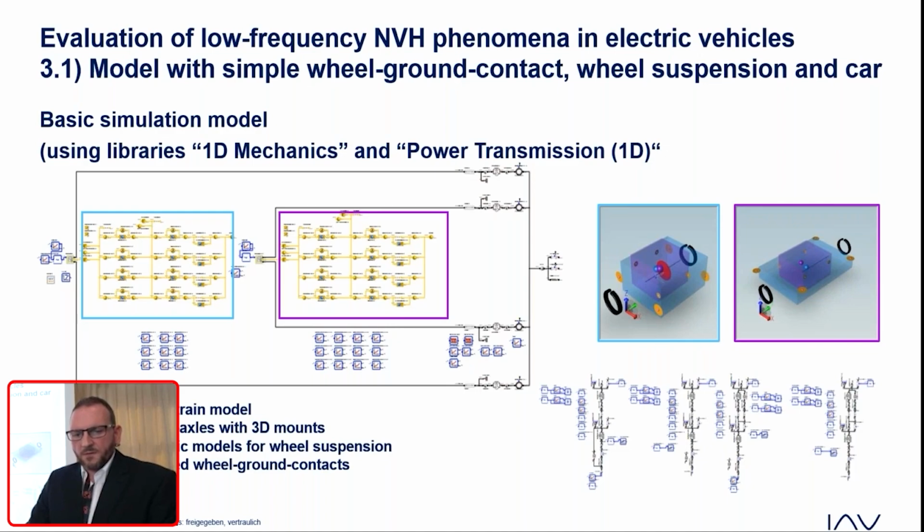The 1D model of the E-axle is coupled with the 3D model of the rigid bodies and mounts on the front and on the rear, in order to be able to simulate the combined resulting rigid body and drivetrain natural frequencies and vibration modes.